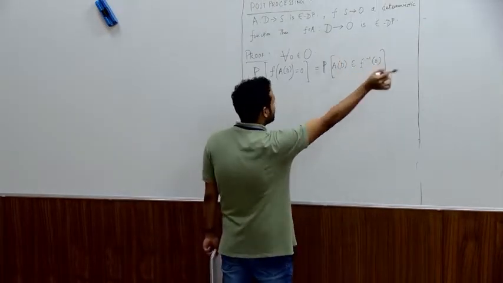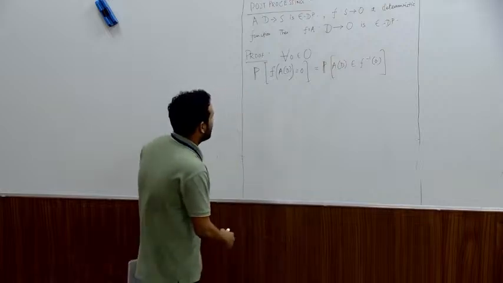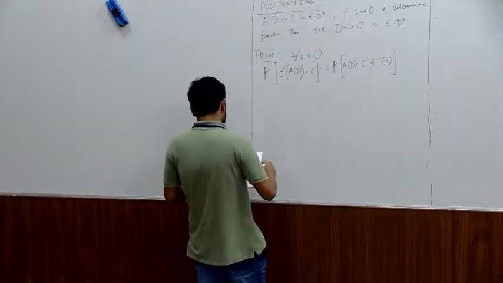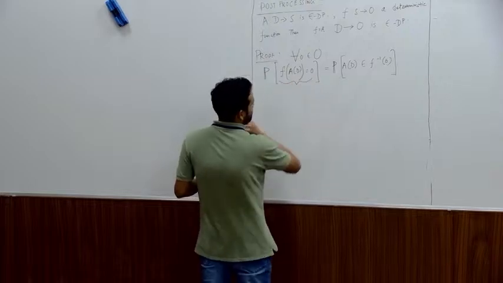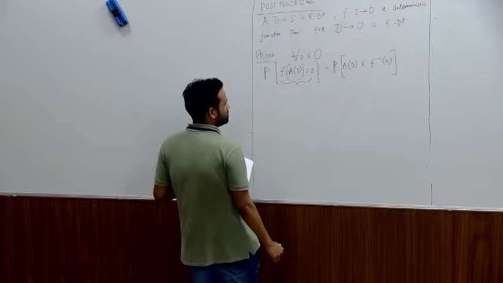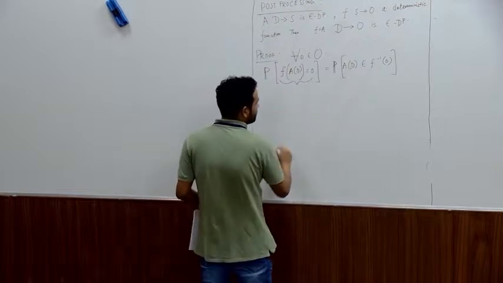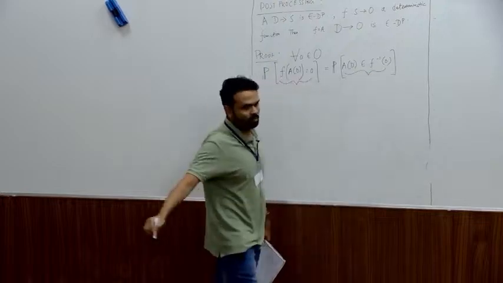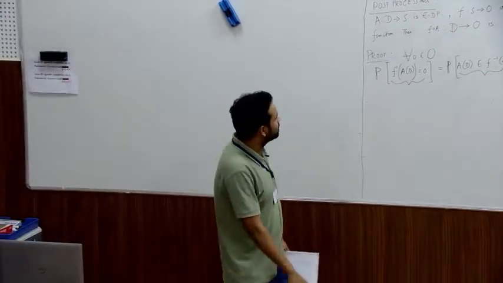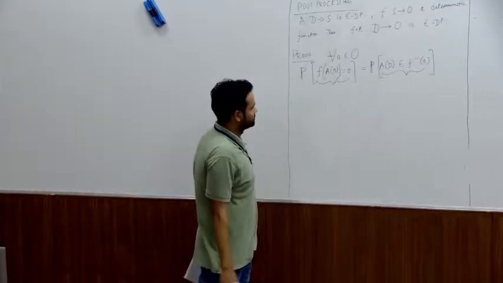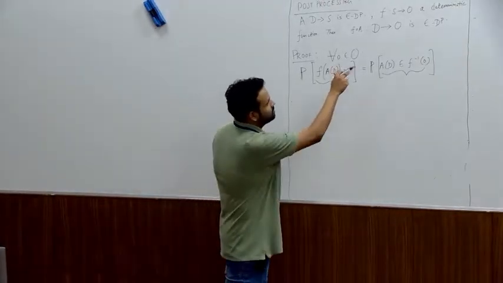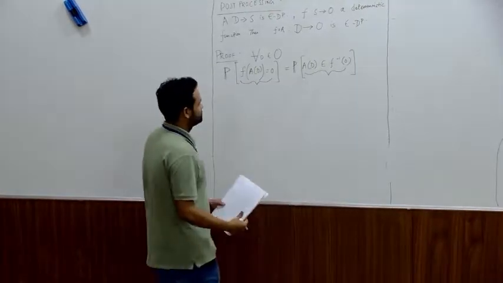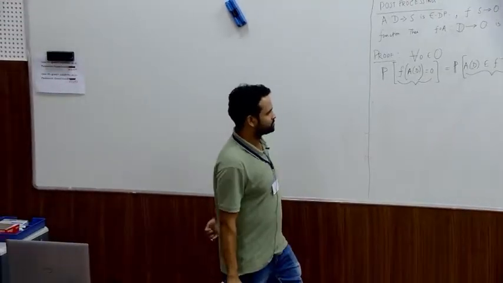There are two events: f composed with A(D) equals o, and A(D) belongs to f inverse of o. These two events are the same under this probability, because f is a deterministic function and f inverse of o is a pre-image of o.